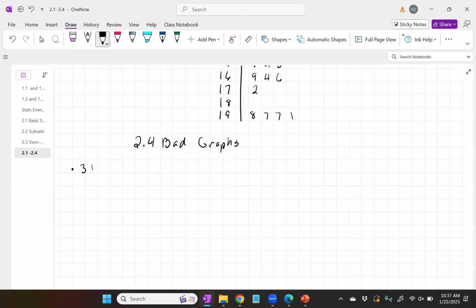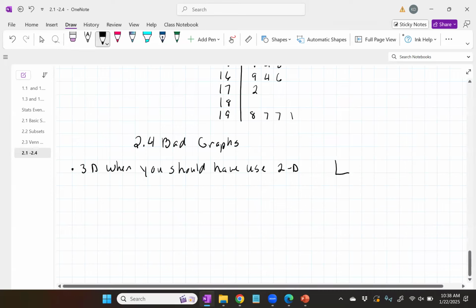3D. When you should have used two dimensions, so maybe instead of just bars, they used like rectangular prisms. When you use a picture or use something three-dimensional when you should have used two, it makes it look like some of the categories are much bigger than the others.